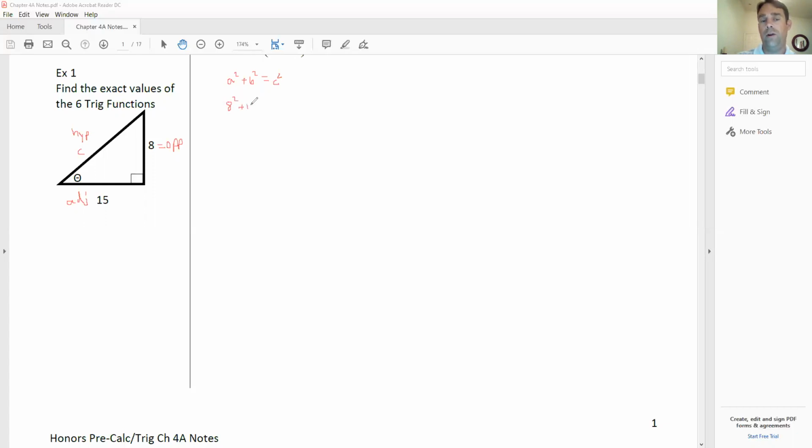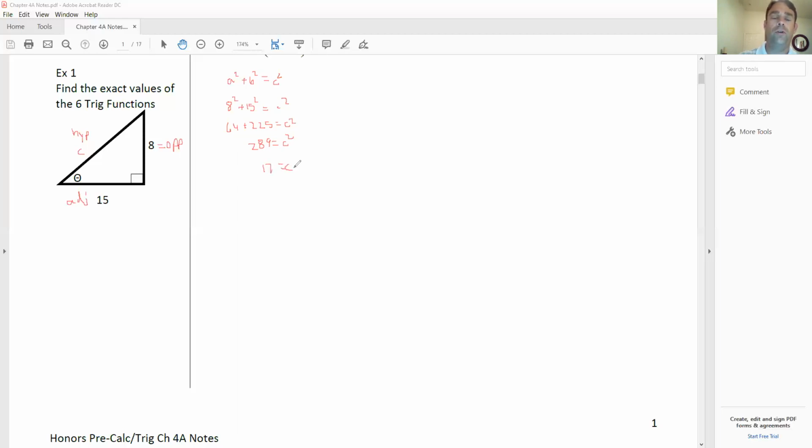And by the way, it doesn't matter which one's A and which one's B. All that matters is that the hypotenuse is C. So we have 64 plus 225 equals C squared. So 289 equals C squared. We take the square root of both sides, and we end up with 17 equals C.